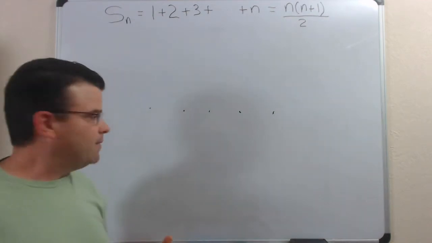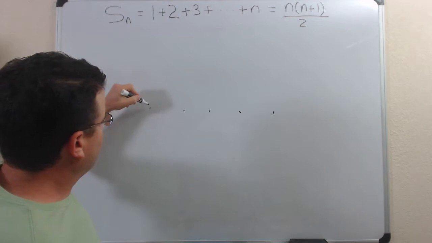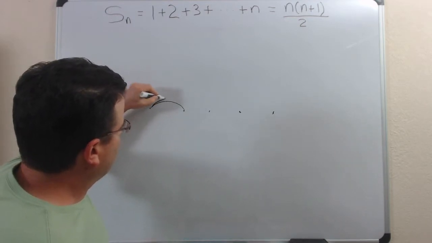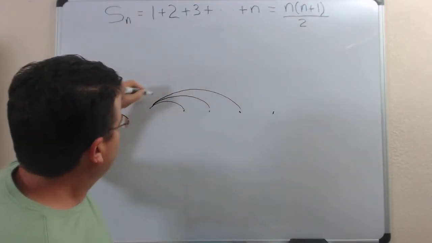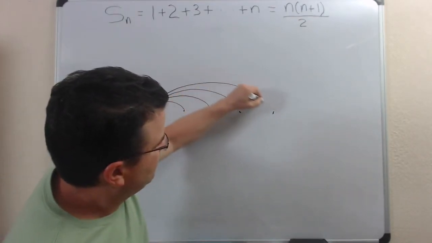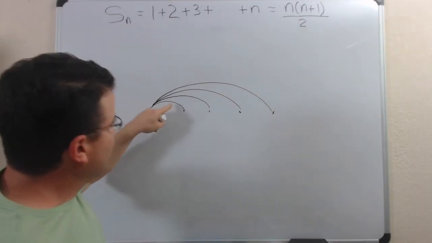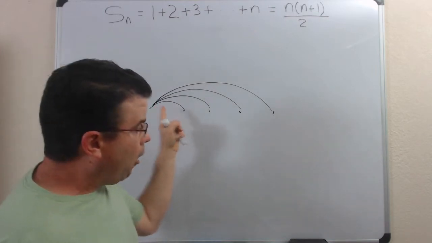And every team has to play every other team. So team 1 is going to play team 2, and team 1 is going to play team 3, and team 1 is going to play team 4, and team 1 is going to play team 5. So team 1 has played 4 matches, or each line represents a match. So team 1 has played all 4 teams now.